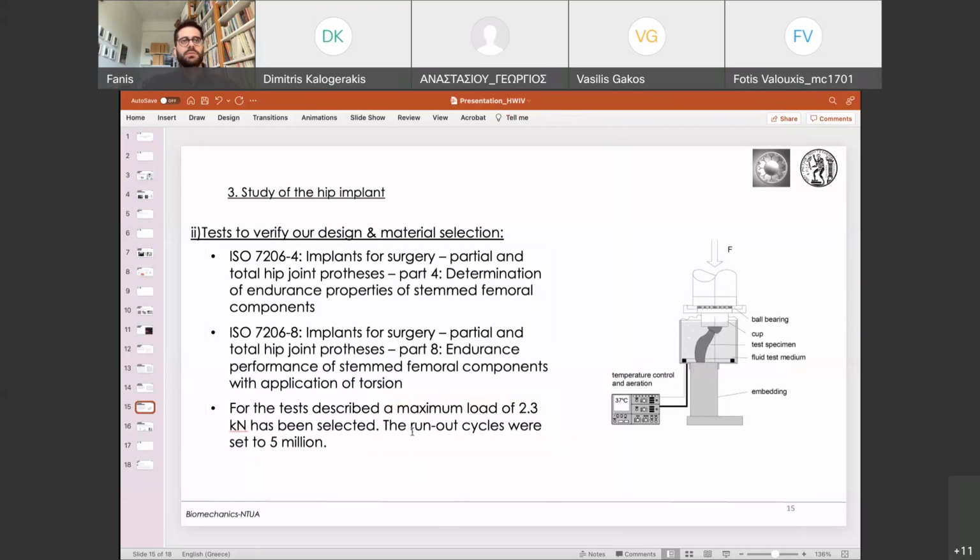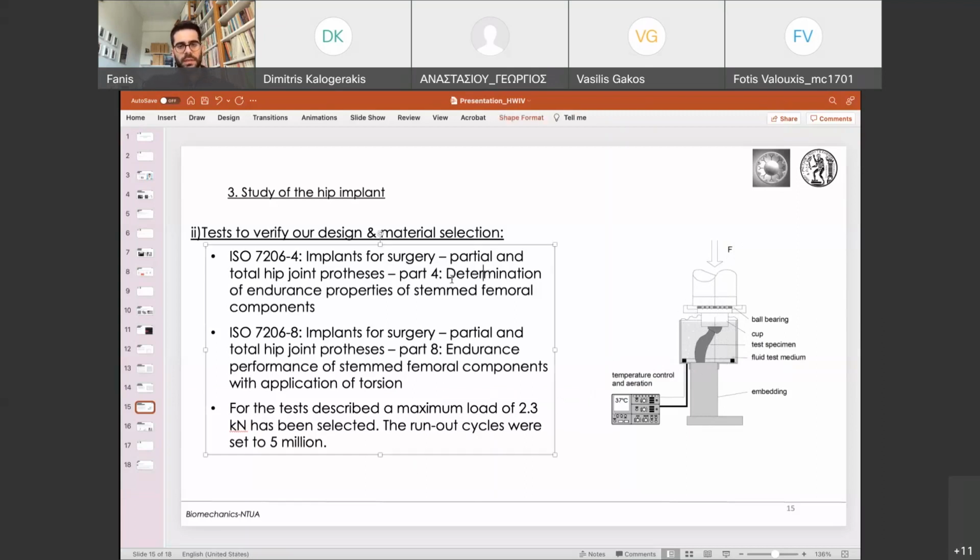They completely control the conditions in here: the temperature, aeration, and the fluid test medium, and they apply a load of up to 2.3 kilonewtons for 5 million cycles. And if your implant passes this test, then you're pretty sure that it can withstand the loads of everyday life.